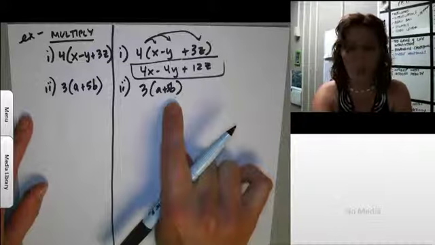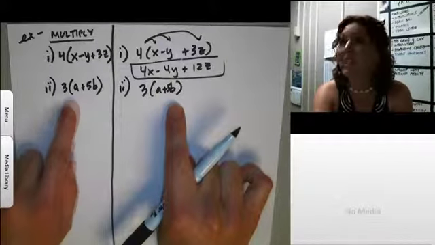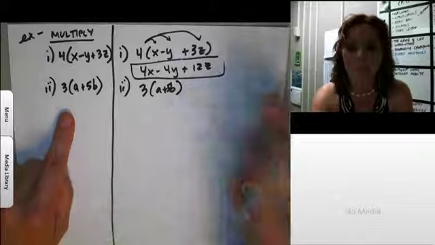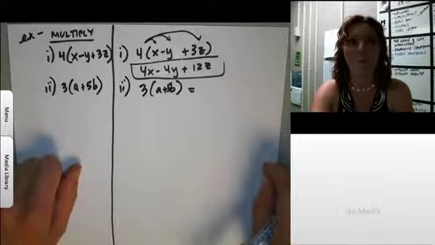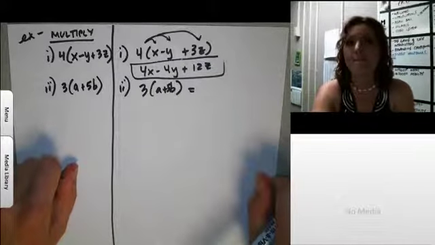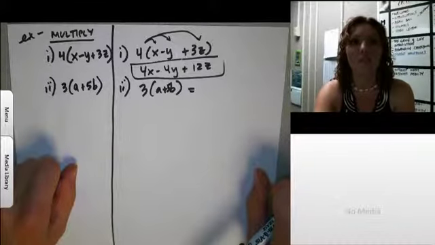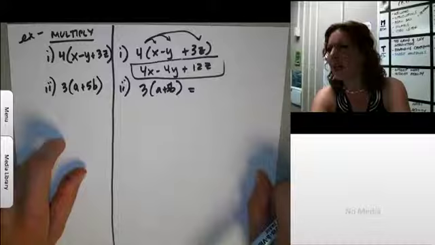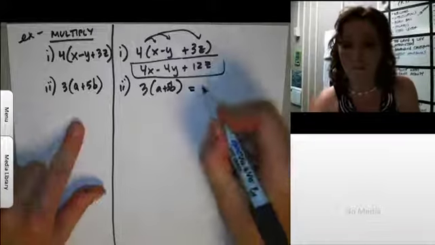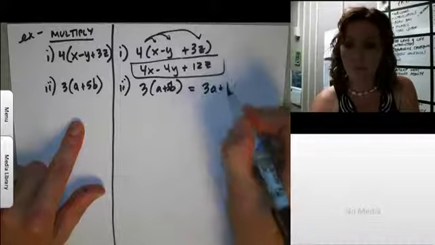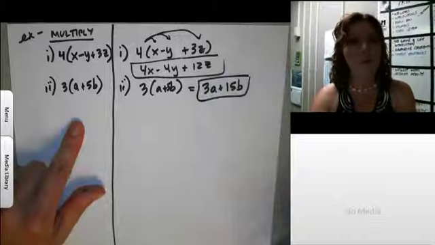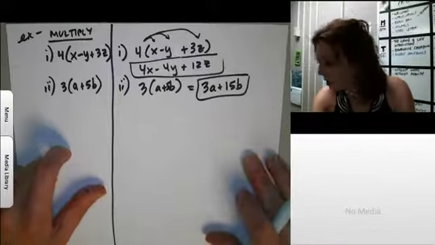So 3 times, in parentheses, a plus 5b. Raise your hand when you have an idea about what that multiplies out to. Okay, keep it raised if you'd like to volunteer what your answer is. Okay, is it Zoe? Go ahead. So it'd be 3a plus 15b. Perfect. How many people got the same thing as Zoe? Excellent.